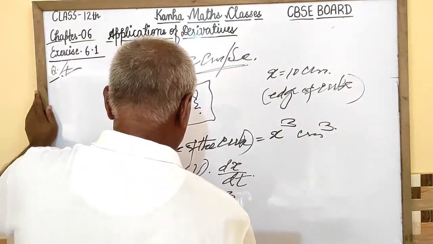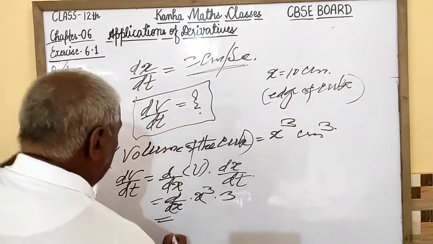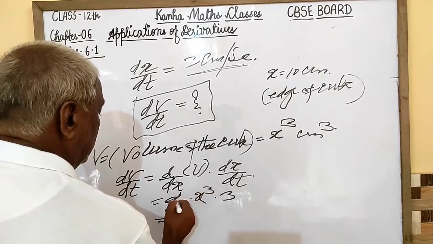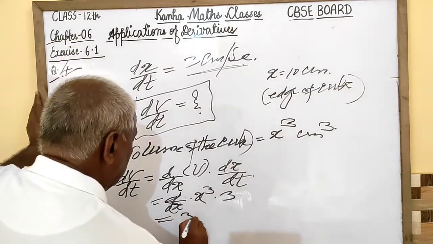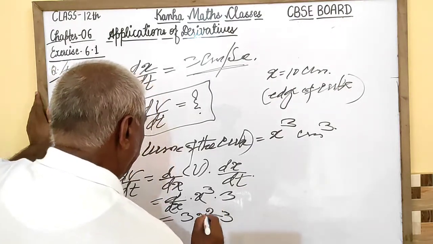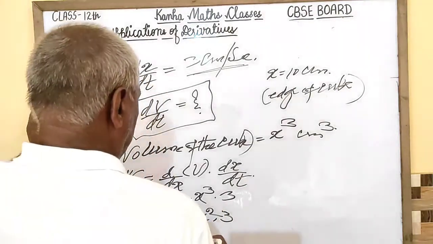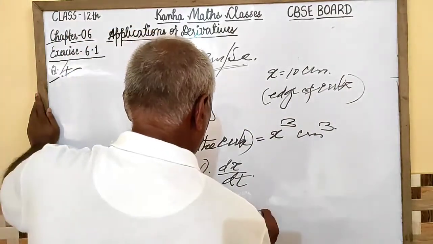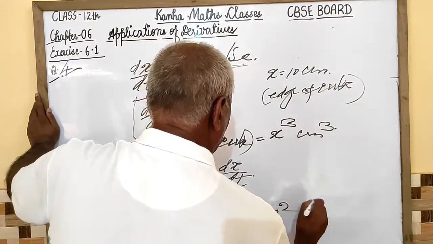Then it's quite obvious, d dx of x cube means 3x square into 3, that is 9x square.